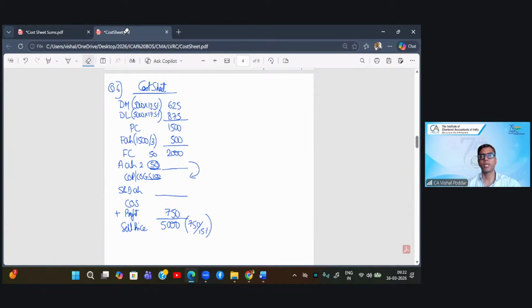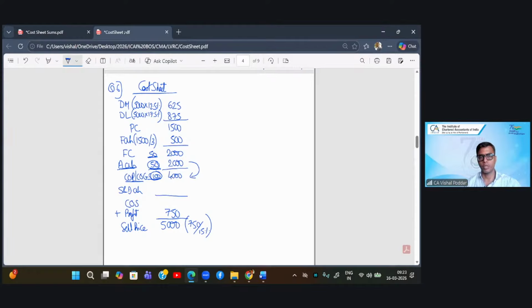So I get this particular answer: if administration overheads has to be 50% of your cost of production, then let cost of production be 100. I'm assuming 100. So this will come as 50. So by default, the factory cost balancing figure will be 50. So in short, this has to be 2000 because equation-wise both are 50. And then this will be 4000.